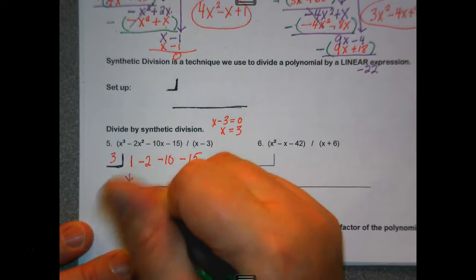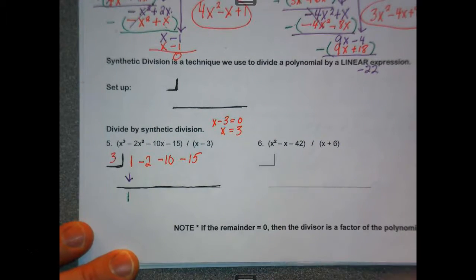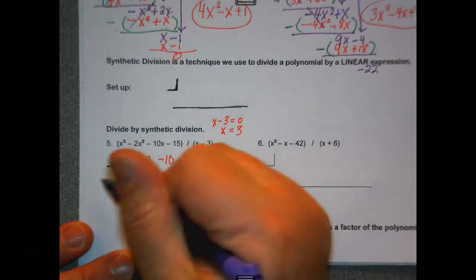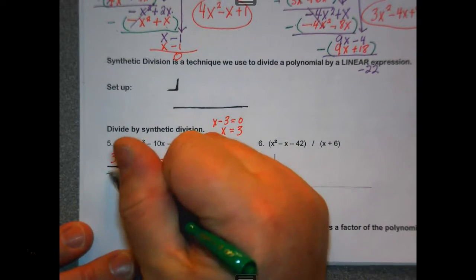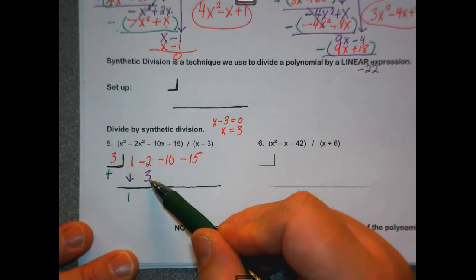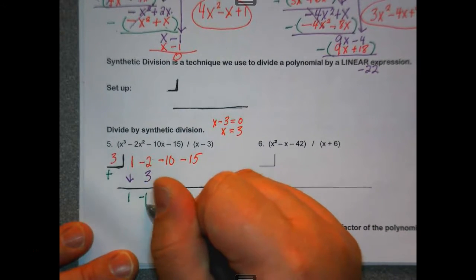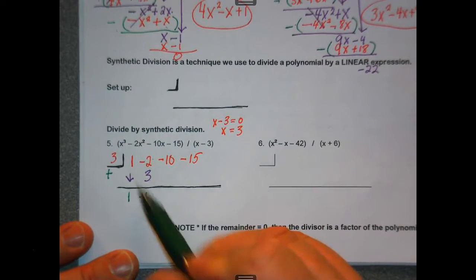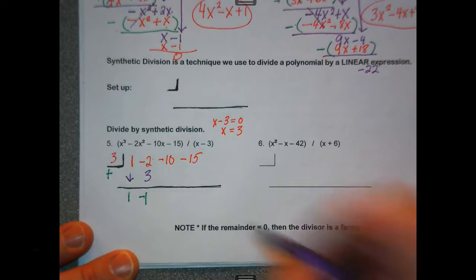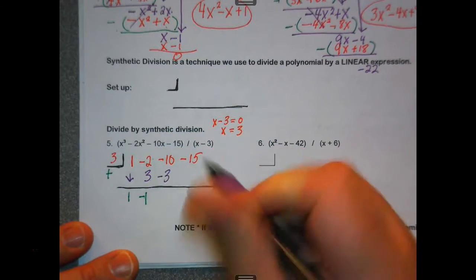Okay, I take 1 times 3, which is 3. I'm going to add these. Negative 2 plus 3 is positive 1. Positive 1 times 3 is positive 3.